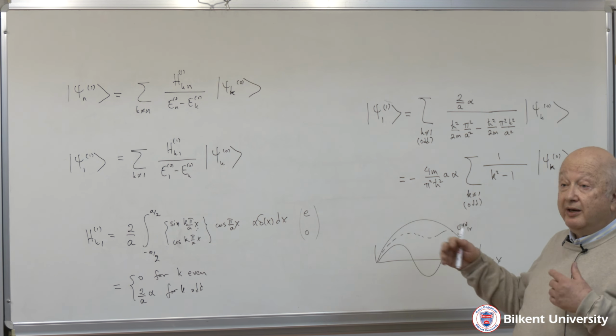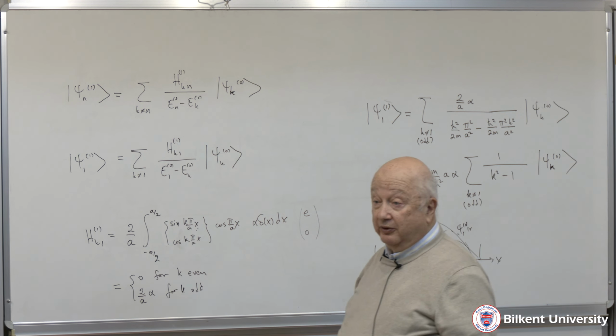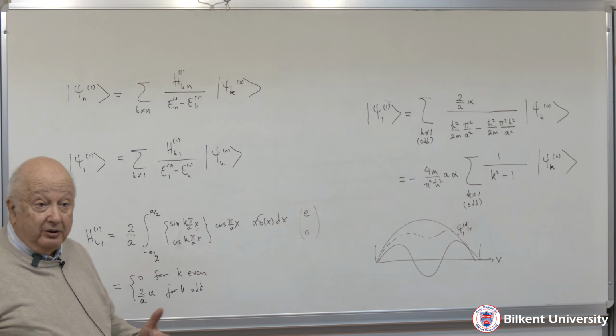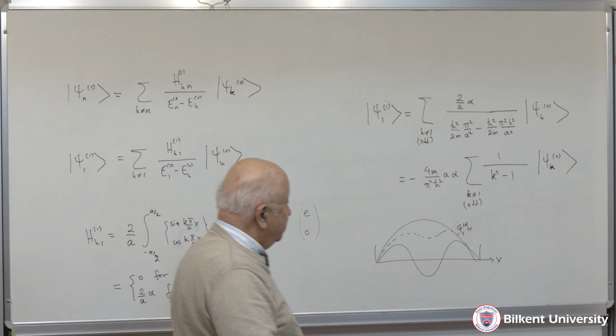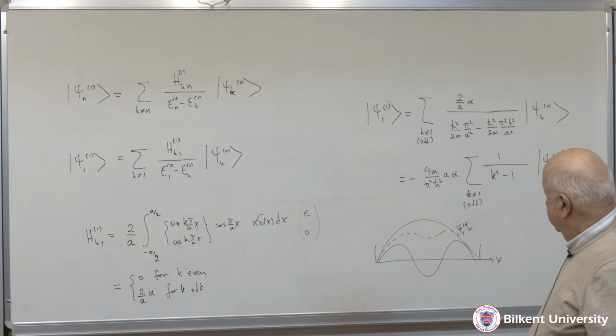Now, if you add the second order, third order, fourth order, if you could do it all the way to infinite order, hoping that it converges, then you are going to get something which looks like that. Sometimes it doesn't converge. It's a complicated expansion, and you have to be careful.